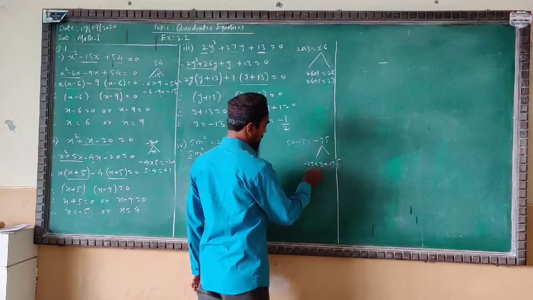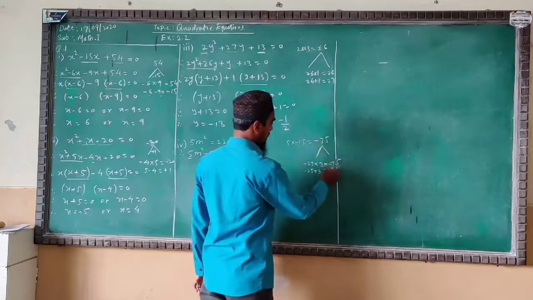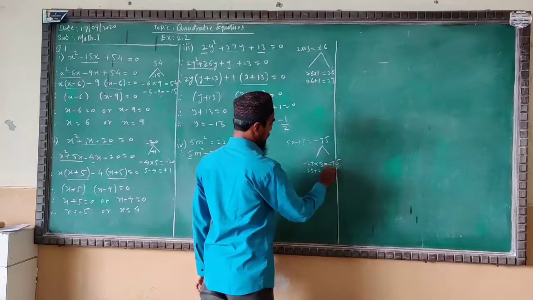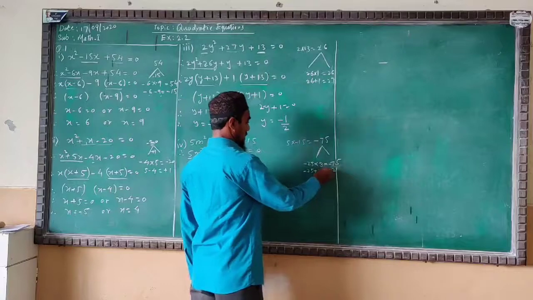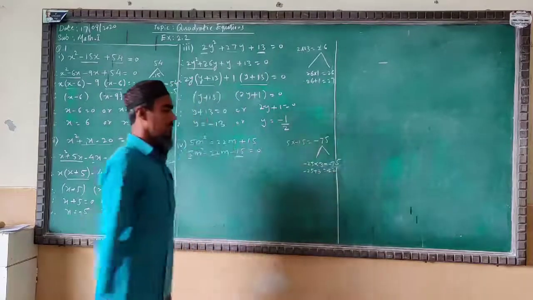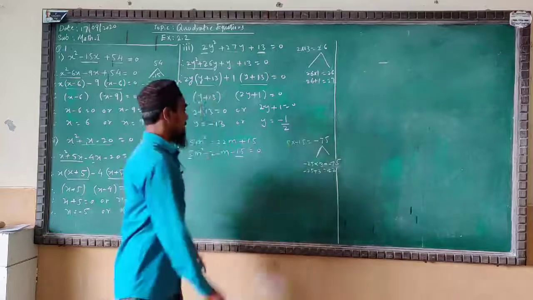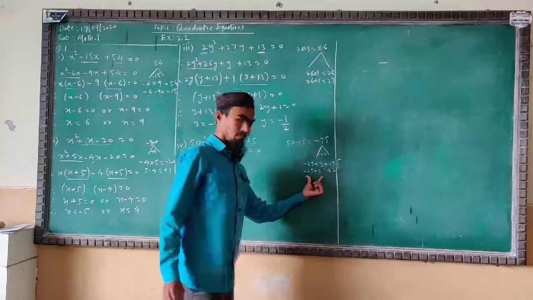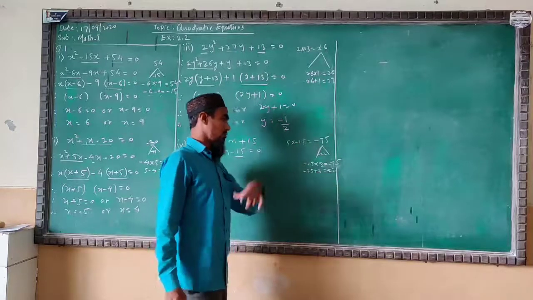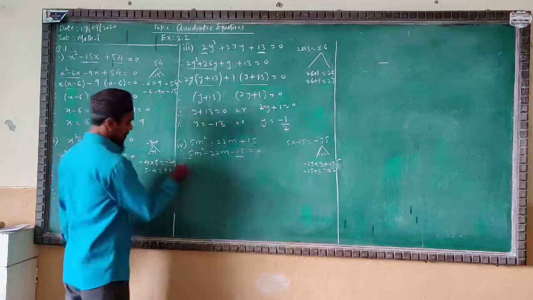Minus 25 and plus 3, minus 25 minus 3 will get how much? 22. The greater number is with the minus sign with 22. Therefore, we are getting here minus 75 and the middle term minus 22. So our numbers are very suitable. So we will take these with the m. Now write the equation.